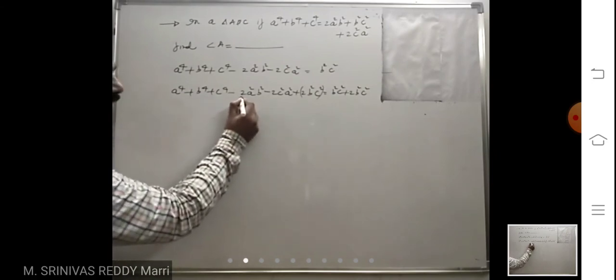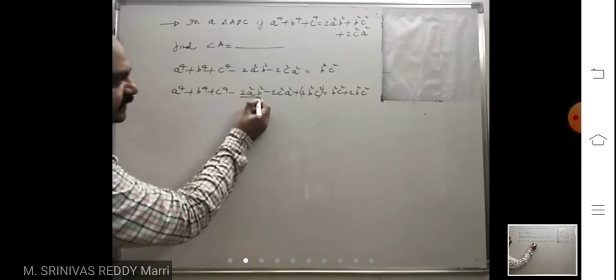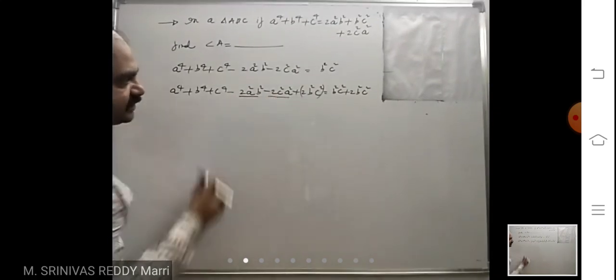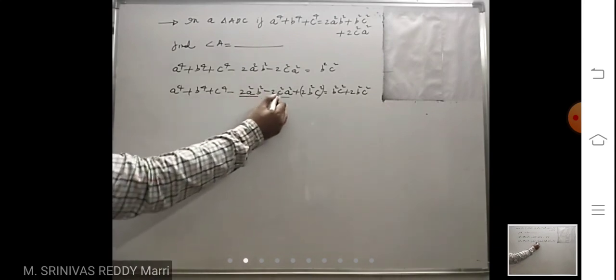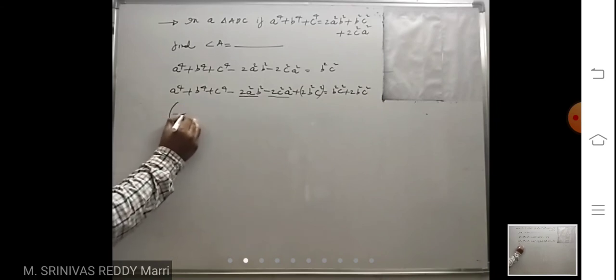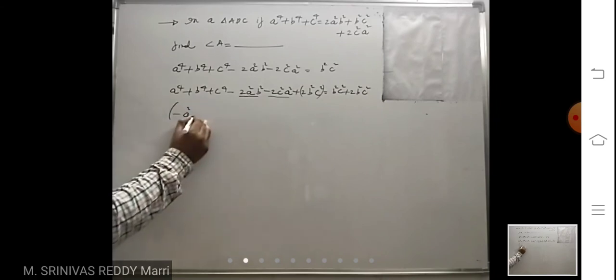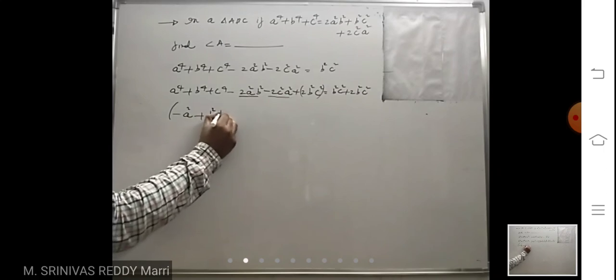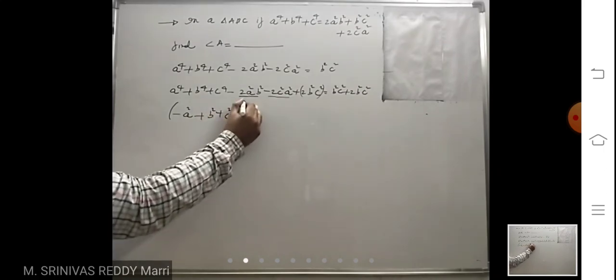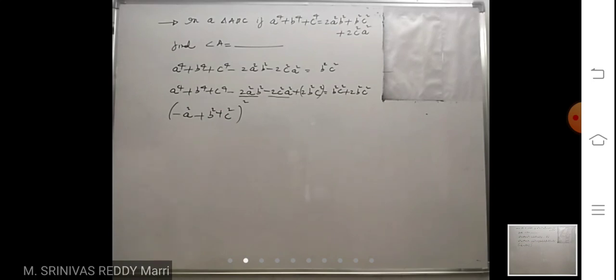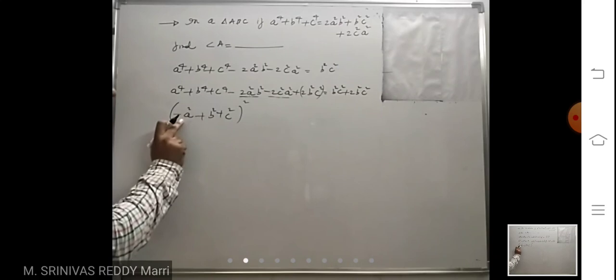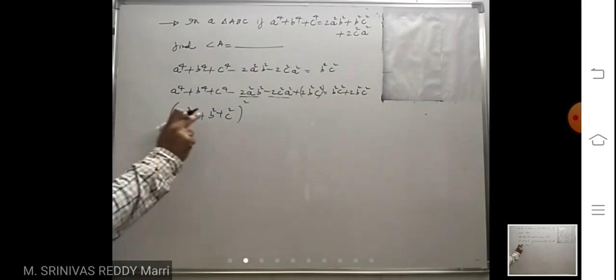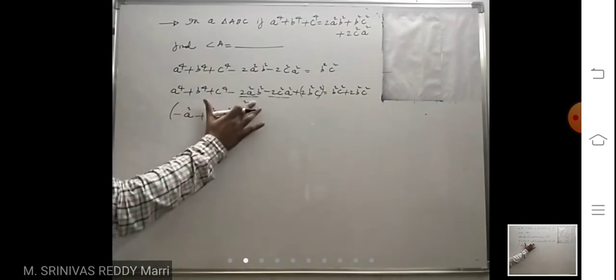Minus 2a square b square and minus 2c square a square: in these two, a square is the common term. For that, write minus a square, the remaining plus.